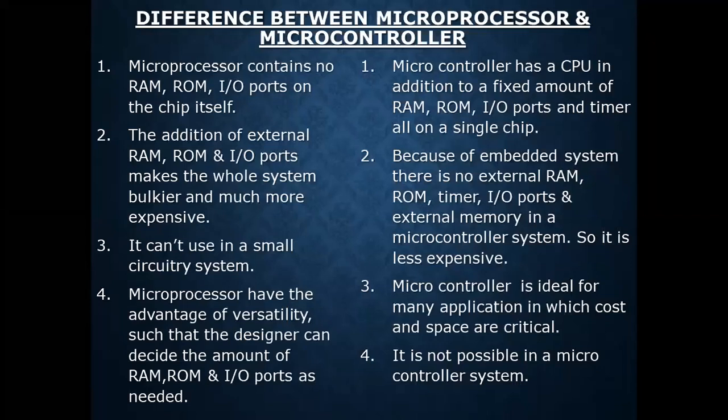But the microcontroller has the CPU in addition to the on chip RAM, ROM, timer, counter, and IO ports. The addition of RAM, ROM, and IO ports to the microprocessor makes the total system bulkier and expensive also.